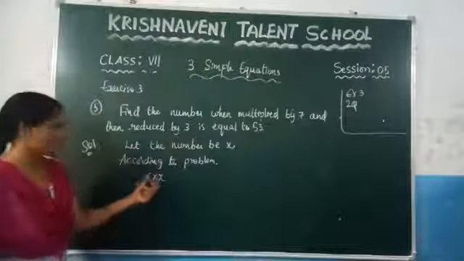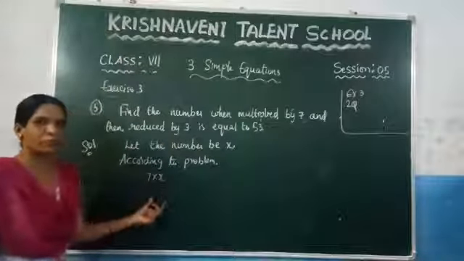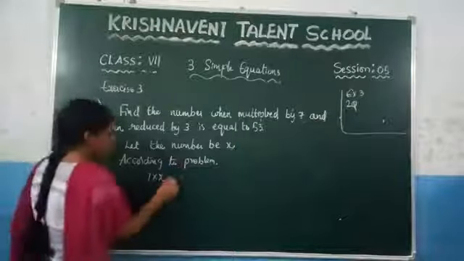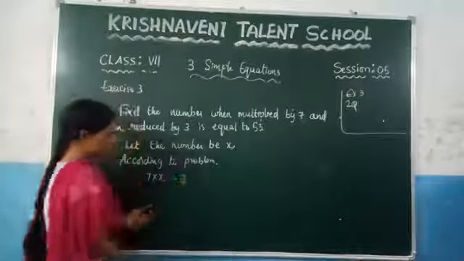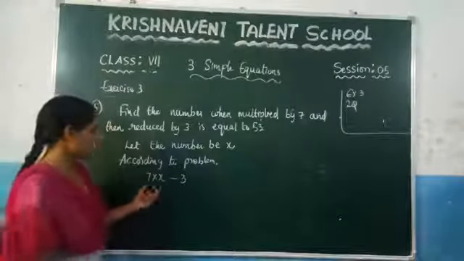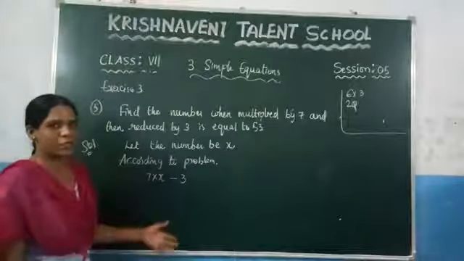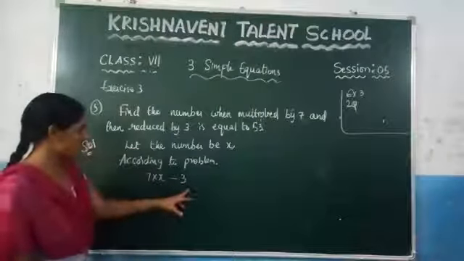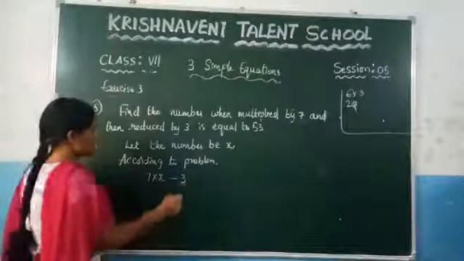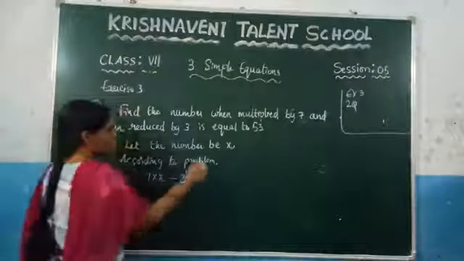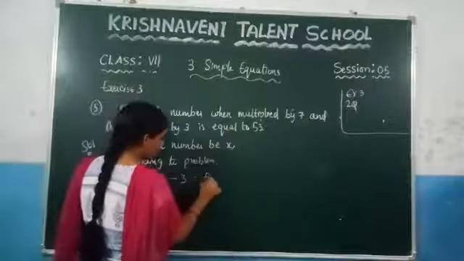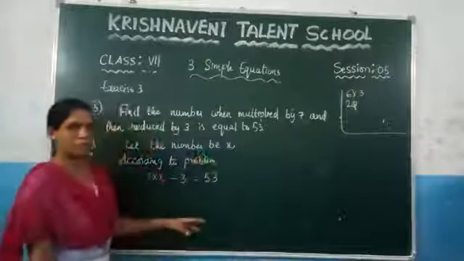Now we got one number. From that number you need to reduce 3. After subtracting, you have to get the answer, which is 53.